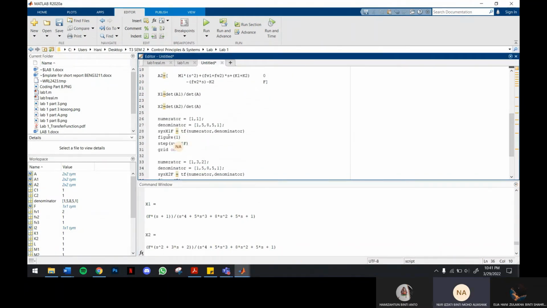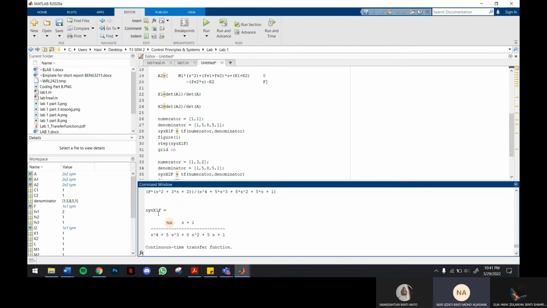For figure 1, first we declare the numerator and the denominator. After that, we generate the transfer function for x1 using the command tf(numerator, denominator).